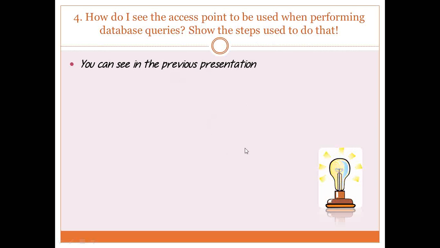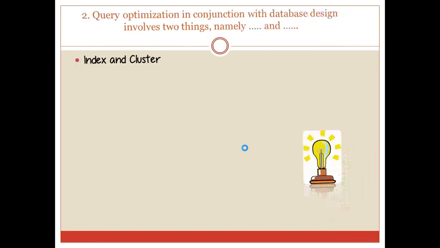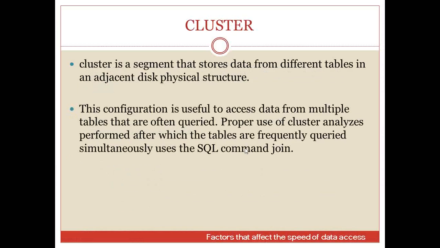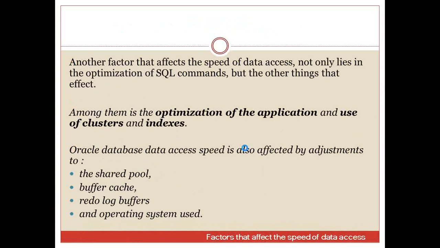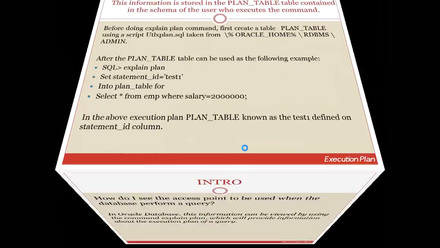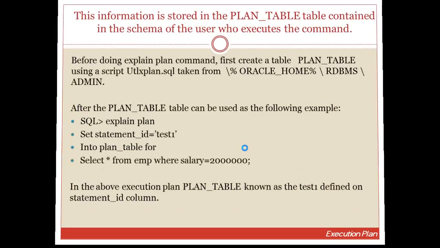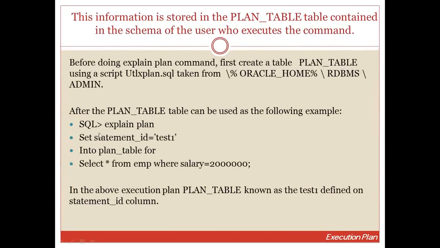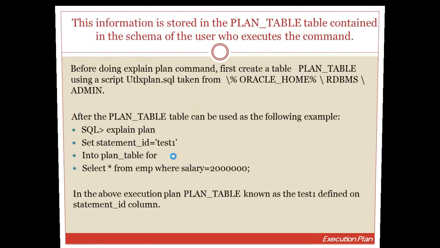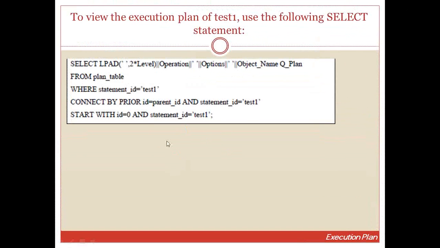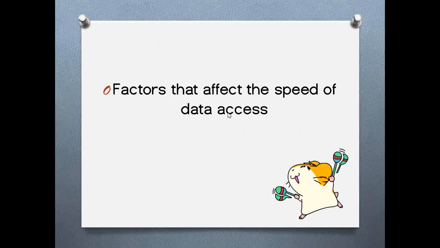I won't write it out. You can see it like this: the plan table, and then to view the execution plan we have this syntax. That's the answer to the question. Next we will go to the next question.